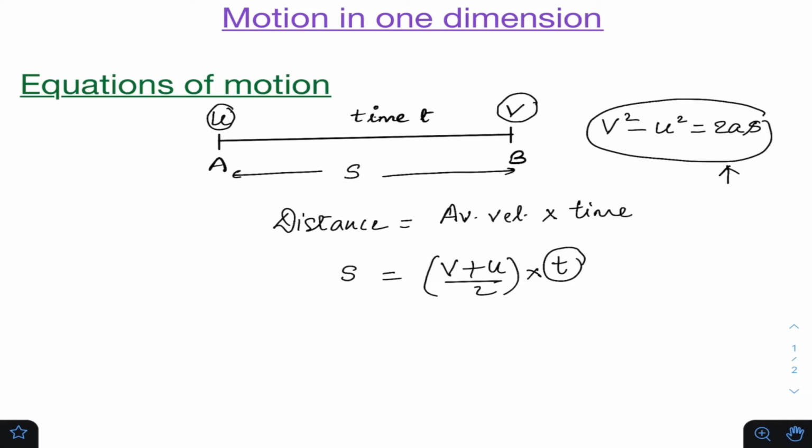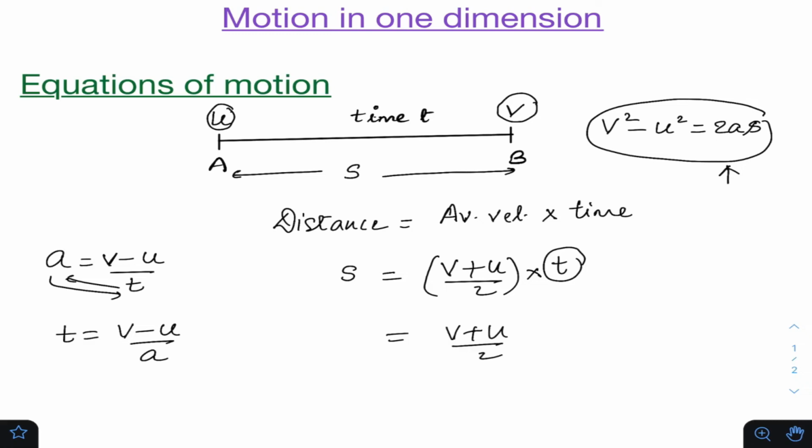Now what is the first equation of motion? a equals v minus u over t. So take t to this side and a to this side. So it will be t equals v minus u over a. Now this value we have to put here in place of t.